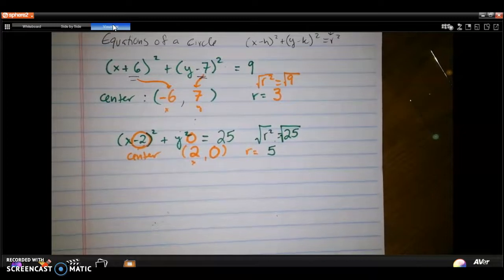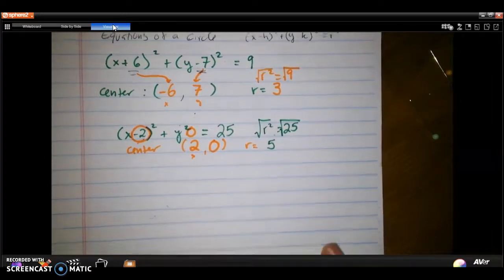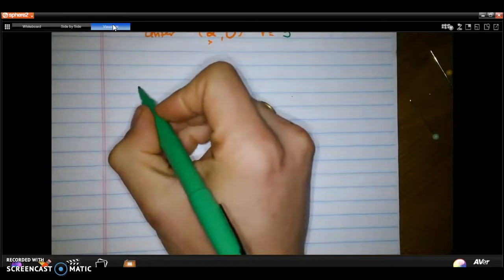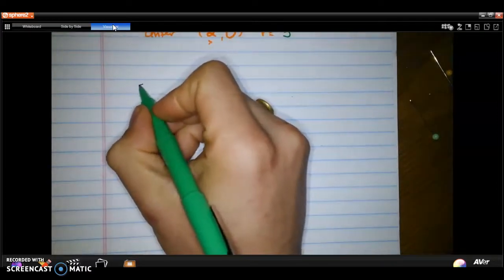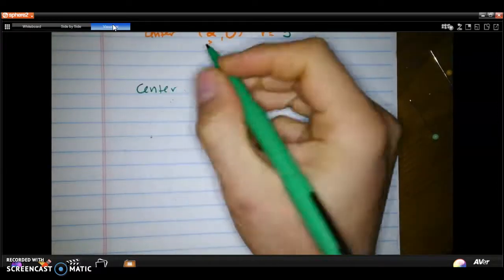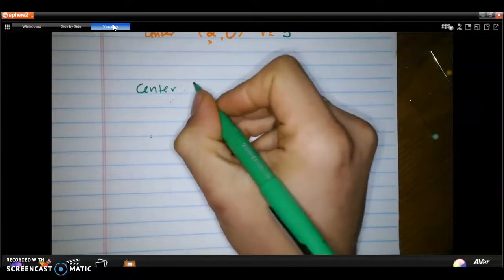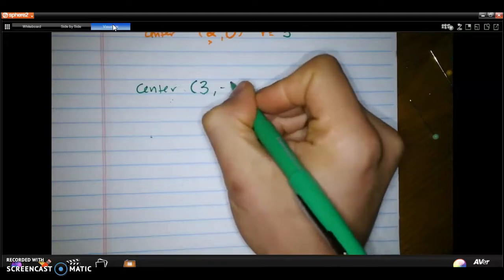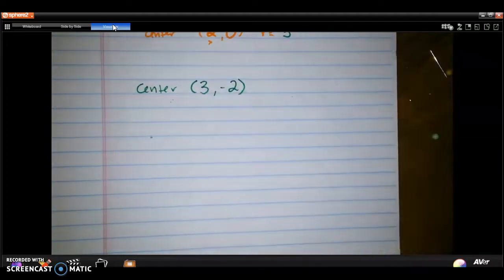Next, what we're going to look at is writing equations for circles when we're given something a little bit different. So let's say we have a circle whose center is, let's say, (3, -2).